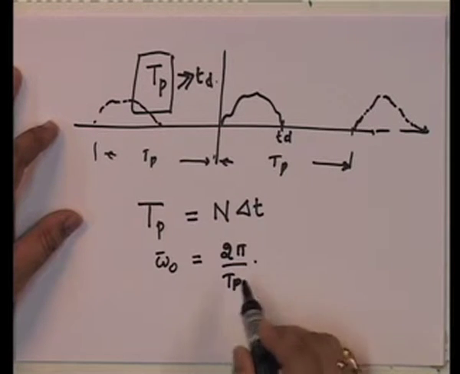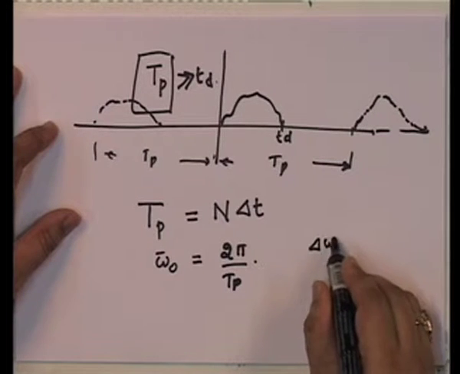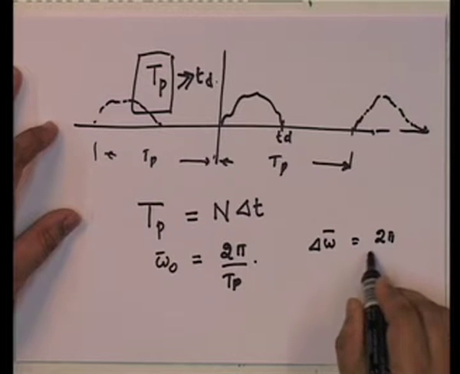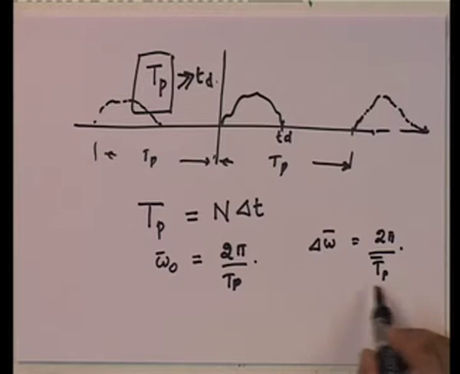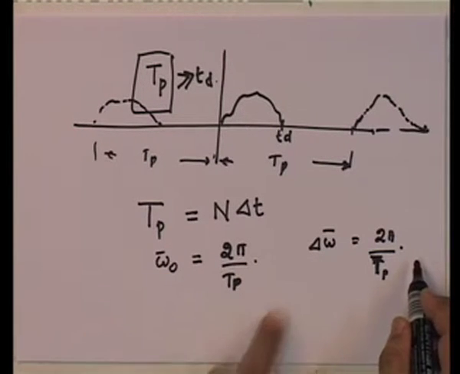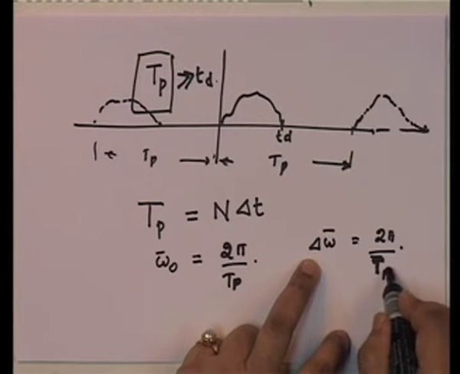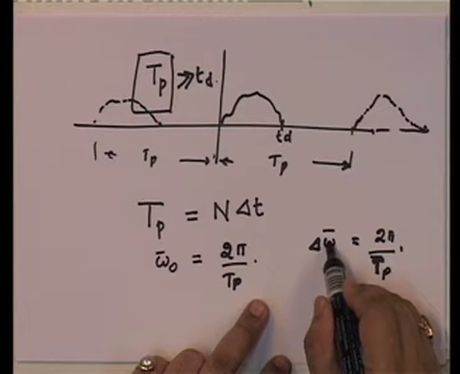Since T p is large, I will call this my delta omega bar, because if T p tends to infinity, this becomes d omega bar.